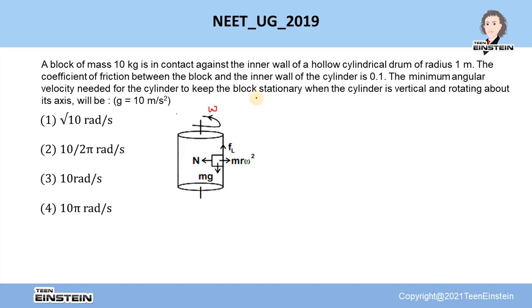Now the thing is that if the block has to be stationary, then the normal force exactly has to be equal to this centrifugal force m omega square r, so that there will be no motion in the horizontal direction, and to not have any vertical motion, the limiting friction must be greater or equal to the weight of the block.